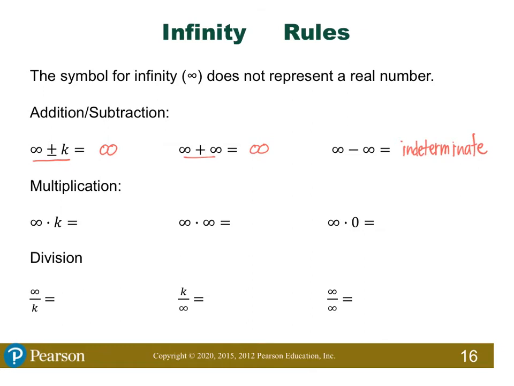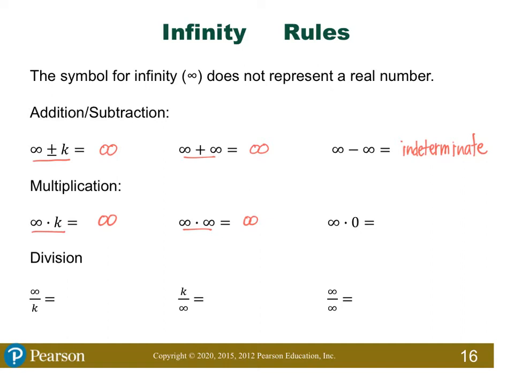Can you multiply? For sure. You can take infinity and multiply it by a number and still have infinity. You can take infinity and multiply it by itself and still have infinity. But the fake math you cannot do is you cannot take infinity and multiply it by 0, because you have two conflicting rules here.